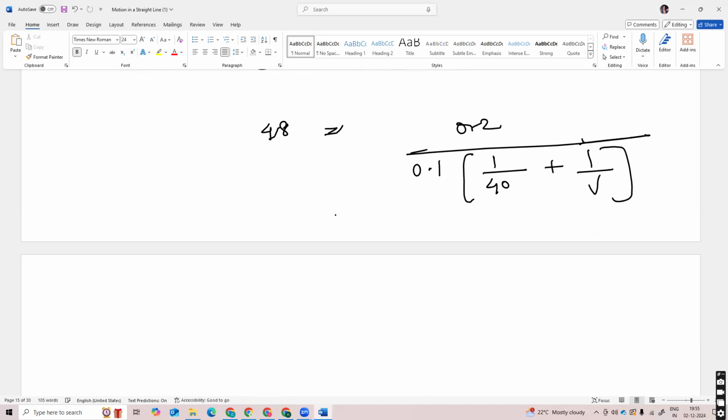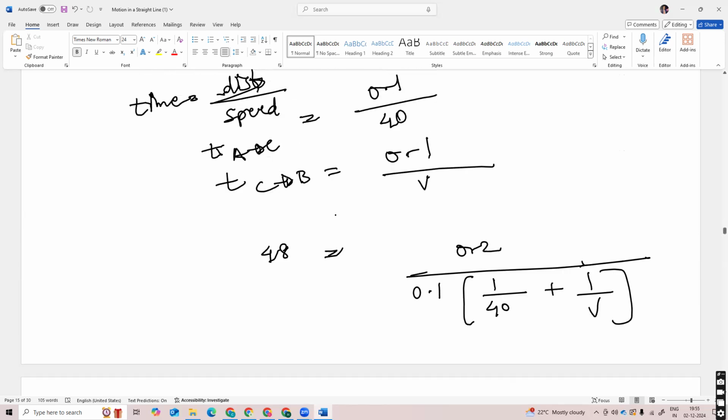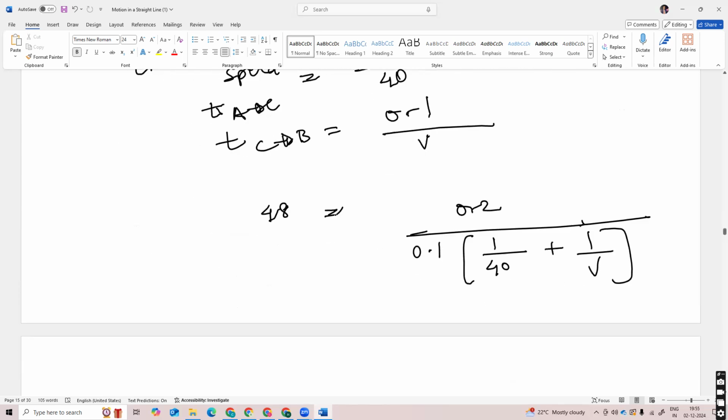Again this will give us 2, this 2 will cancel with 48 and it will give us 24.